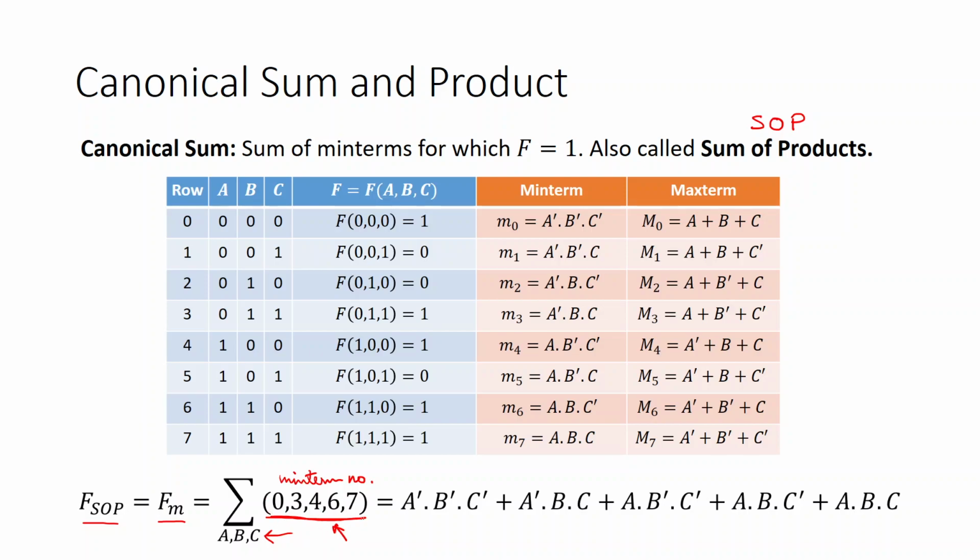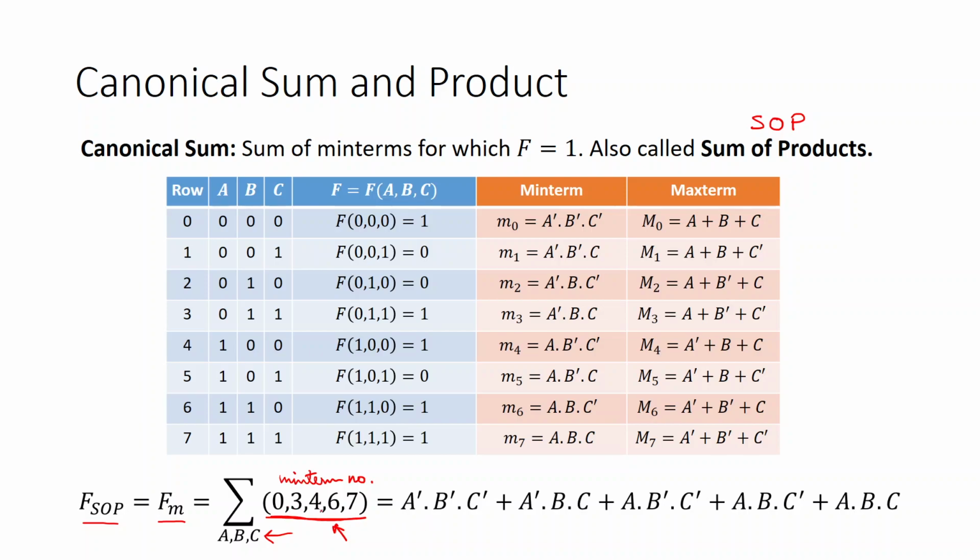So within the bracket you are writing those sequence numbers, the decimal numbers corresponding to those sequences whose output is 1. So you know that these are the min term numbers you need to write down in the SOP expression.